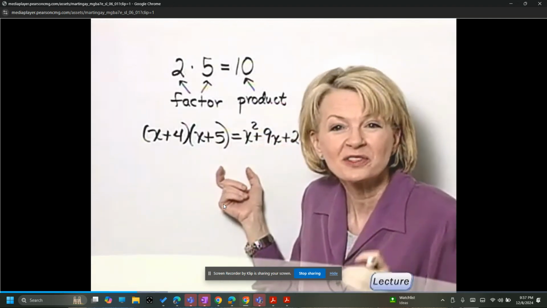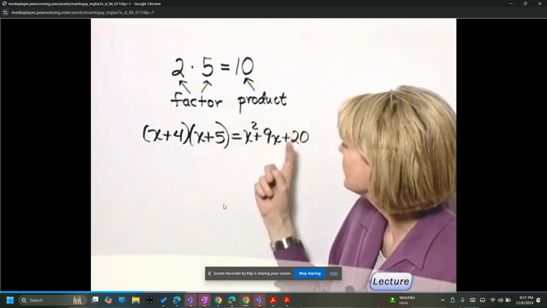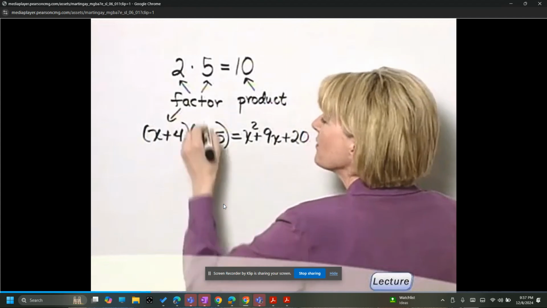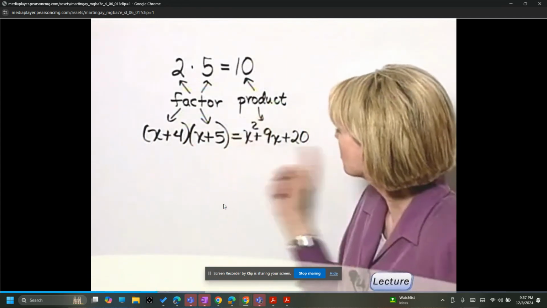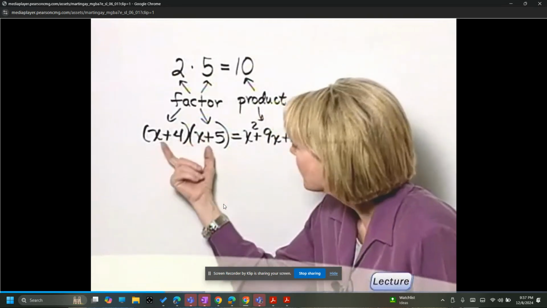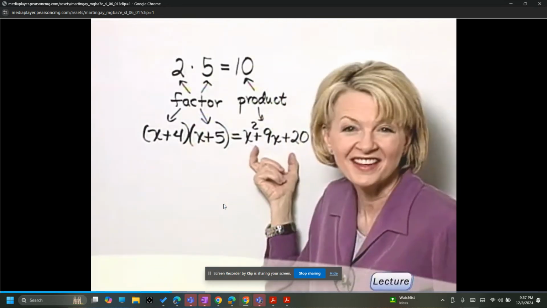So let's use those same vocabulary words. Since this times this is equal to this, we call x plus 4 a factor, x plus 5 a factor, and we call this trinomial a product, so we can say also that this is a factored form of this.